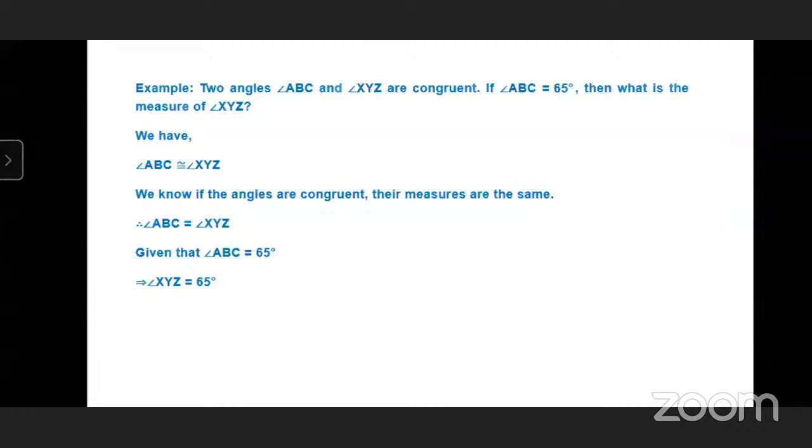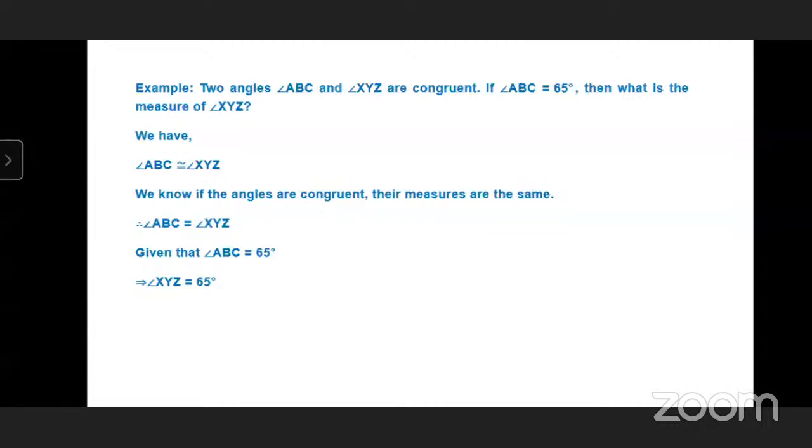The two angles are congruent, as given in the example, and because of that angle ABC and angle XYZ have the same measurement. Therefore we can say angle ABC is 65 degrees, and so the measurement of angle XYZ is also 65 degrees.